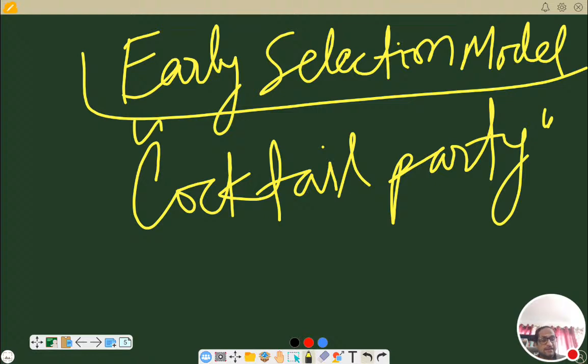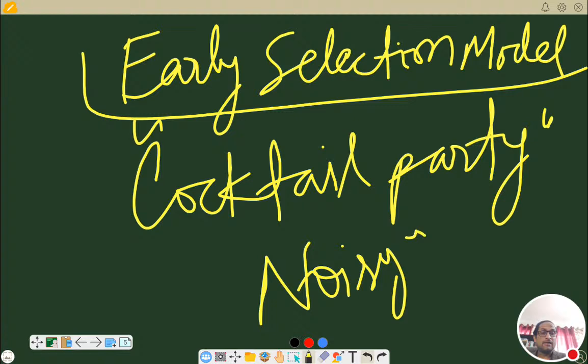It was realized that even if you are in a noisy party, there is lots of noise, but still if somebody calls your name, you immediately attend to it. How? You subconsciously attended to the information. You did not deliberately attend to the information. What happened there? There this early selection model fails.